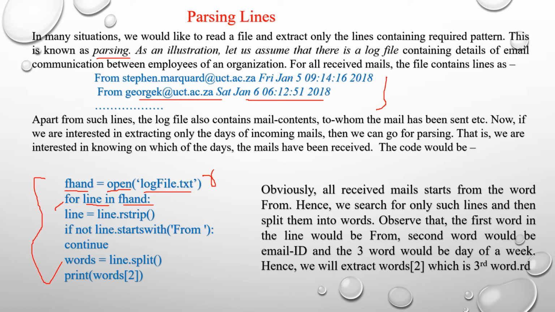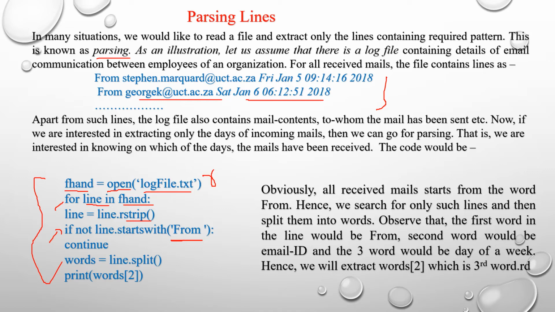Then line is equal to line dot rstrip, a built-in function. After that I declare a condition: if not line dot startswith, and this is the word we are searching for: From. If the condition is satisfied, it will continue.